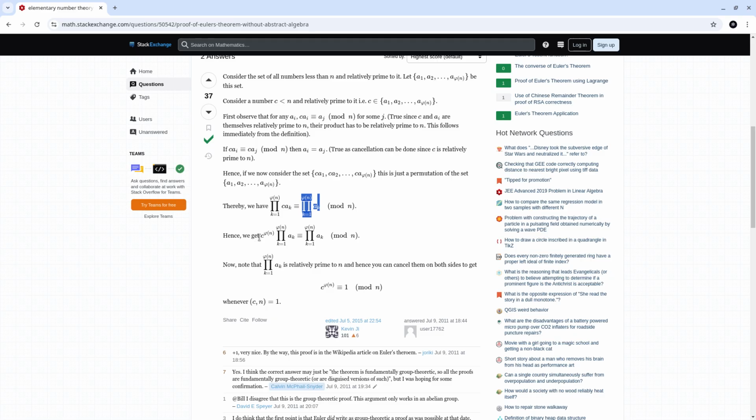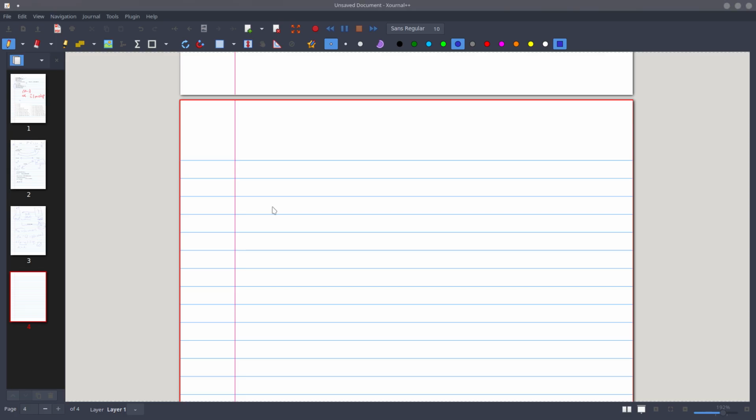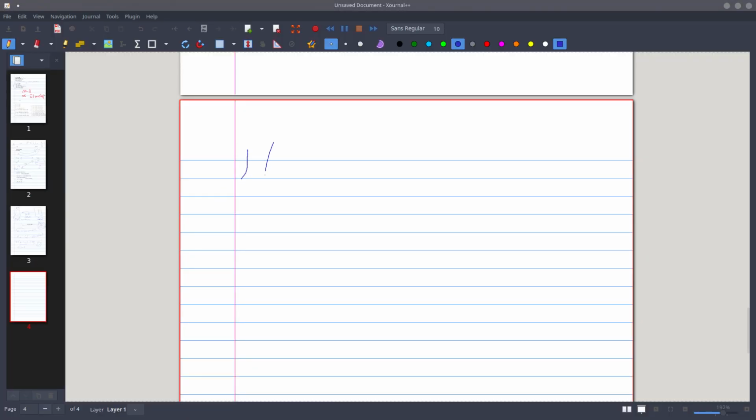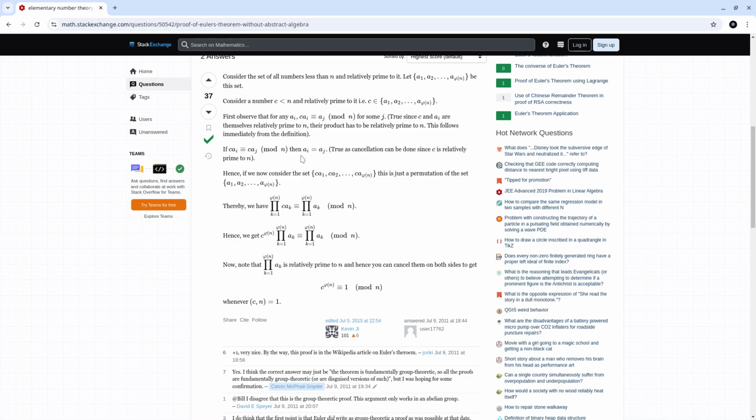And then, hence, I think I need to write this out, what's going on here, so you can follow. So it's this product, k equals 1, all the way up to phi of n. So you're basically just cycling through the entire set, right?